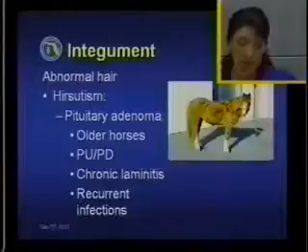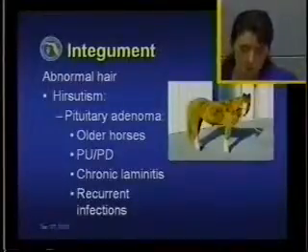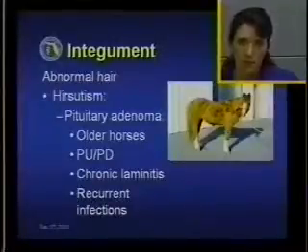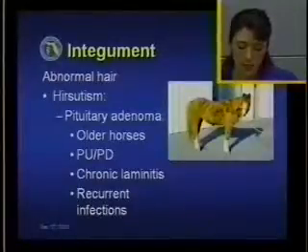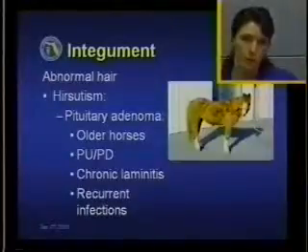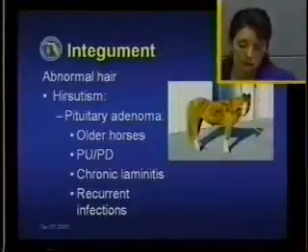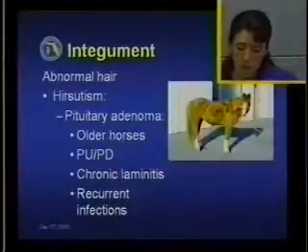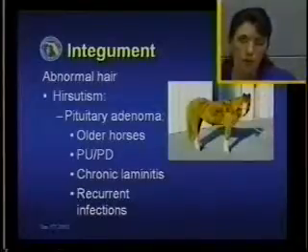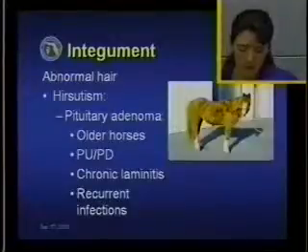It is very common in older horses and is caused by the presence of a benign tumor within the pituitary gland, which is a pituitary adenoma. This tumor results in abnormal levels of POMC, proopiomelanocortin, which is a precursor of ACTH, and therefore the regulation of the cortisol levels in the horse is disturbed.